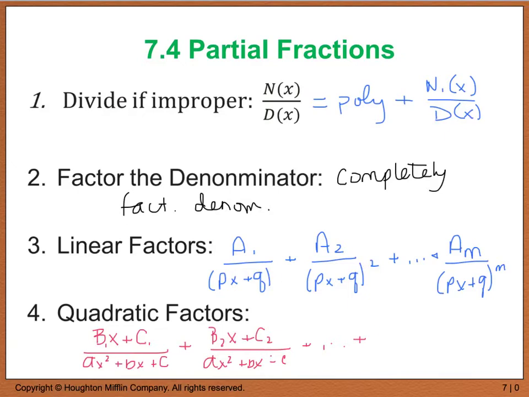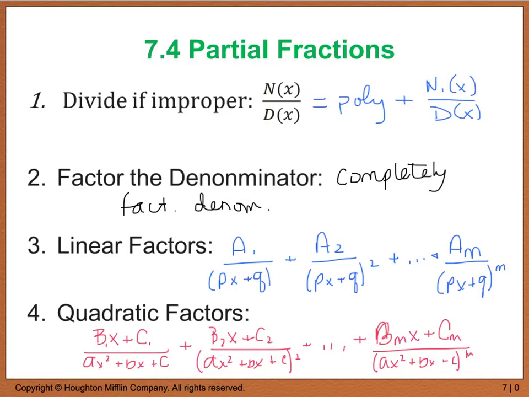So we'll say plus b sub m x plus c sub m divided by the quantity, and this here should have been the quantity as well, squared, ax squared plus bx plus c to the power of m.